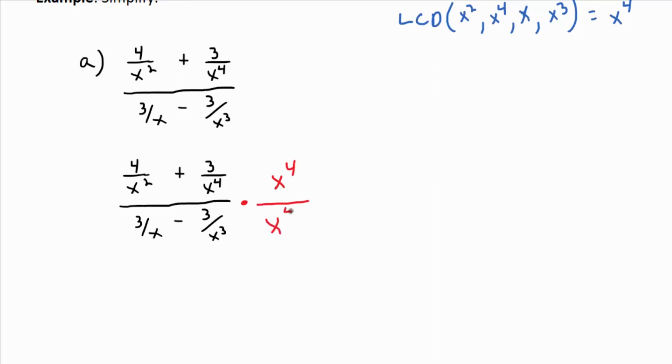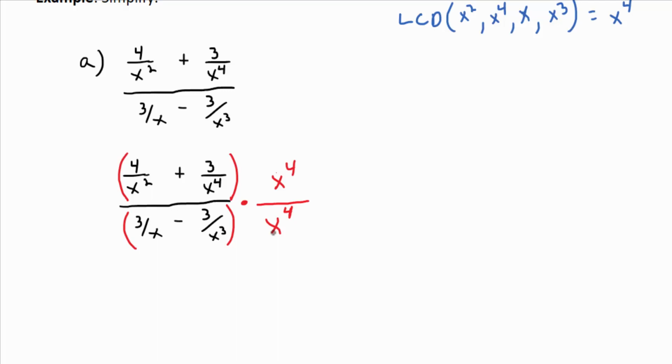So what am I really multiplying by? 1. This is a big fraction on par, so this division bar is kind of on the same level as this big division bar. Okay, so what we're going to do then is multiply the big numerator, you got to put parentheses around it, times x to the 4th. We're going to multiply the big denominator in the big fraction by x to the 4th.